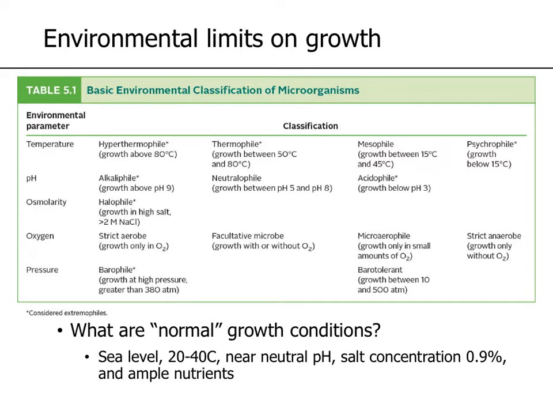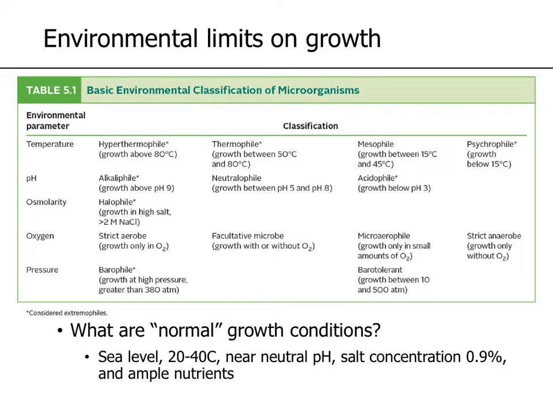So the theme for today's class is we're going to be talking about extremophiles, right? Extreme meaning anything outside of normal growth conditions. And normal growth conditions, because we define them, are essentially the conditions that we live in. So for pressure, things are at sea level, temperature 20 to 40 C, near neutral pH.